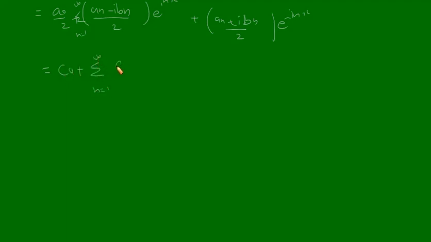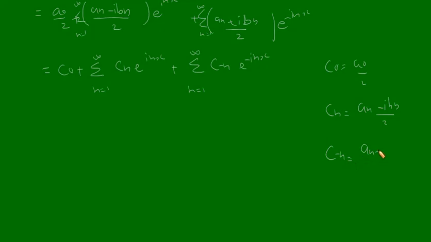Okay. Now this term can be written as, this is equivalent to C naught plus summation n is equal to 1 to infinity Cn e raised to inx plus summation n is equal to 1 to infinity C minus n into e raised to minus inx. So what is C naught? C naught is equal to a naught by 2. What is Cn? Cn is equal to an minus ibn by 2, and C minus n is equal to an plus ibn by 2.